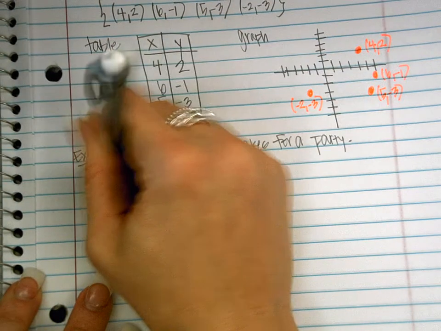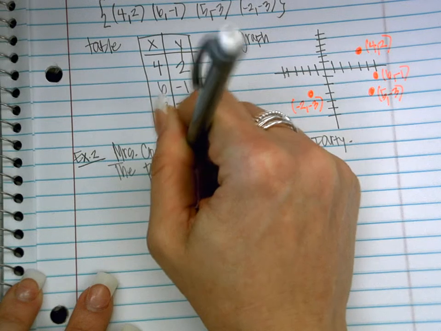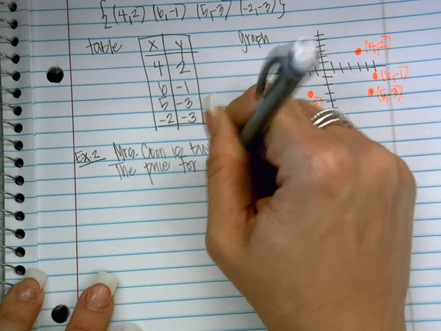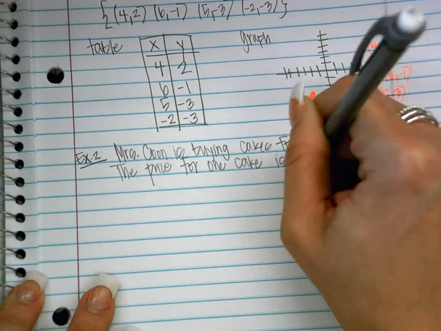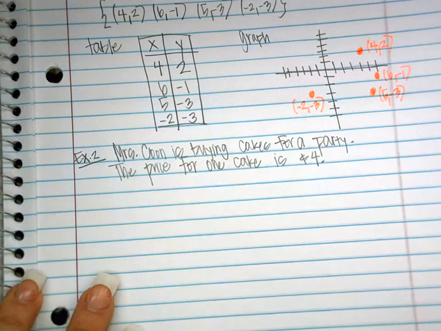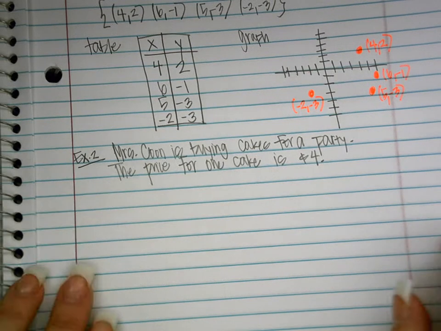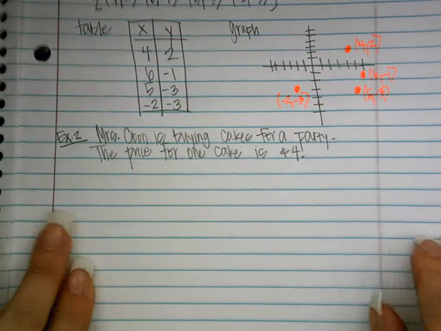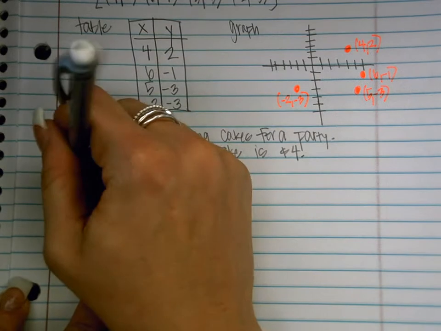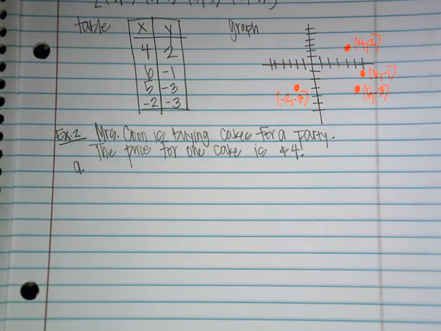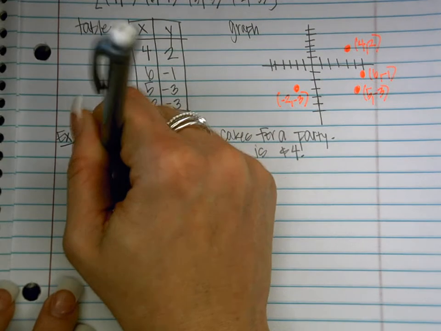The price for one cake is $4. These are really cheap cakes. Cakes don't usually cost $4, but it's okay. So the cake costs $4. There's gonna be 2 parts here. The A part is I want you to make a table of values.